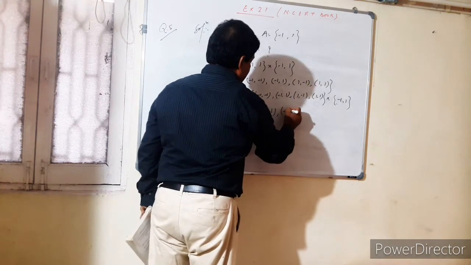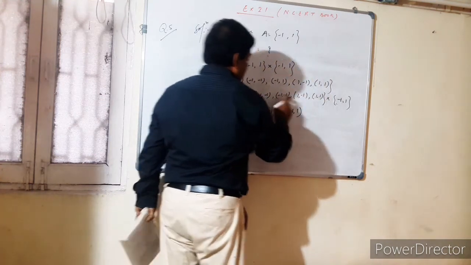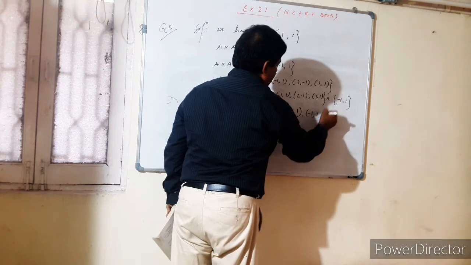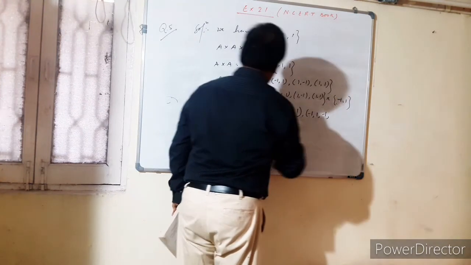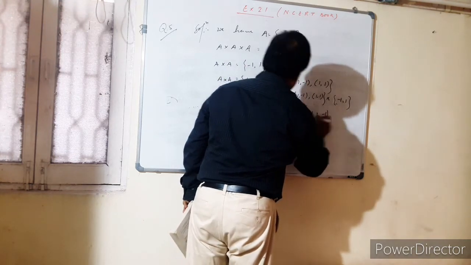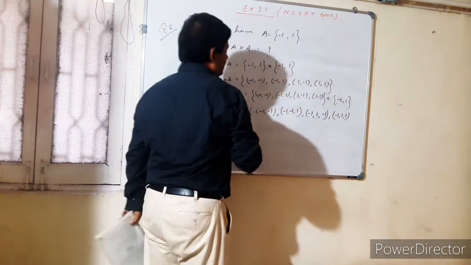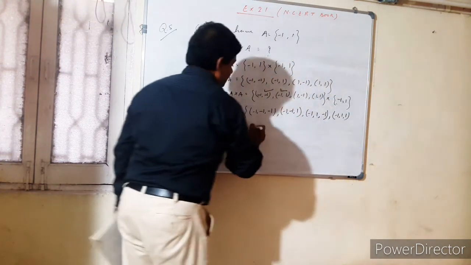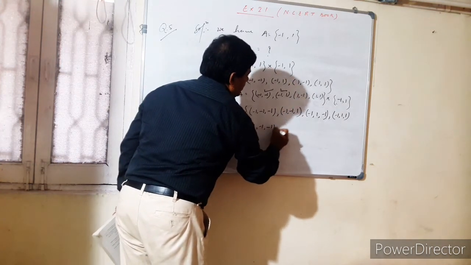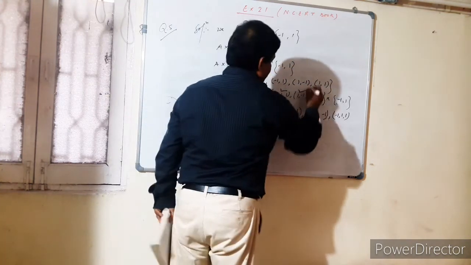Now -1, -1, multiply here 1. Now -1, 1, multiply -1, -1, 1, -1, 1, multiply 1. So these two finish. Now these two have to write 1, -1, -1, 1, -1, 1. This one also finish.